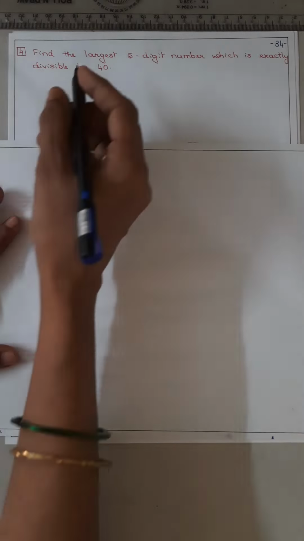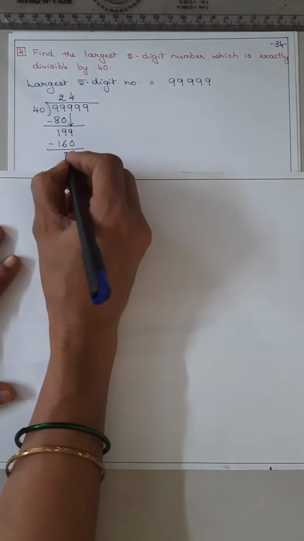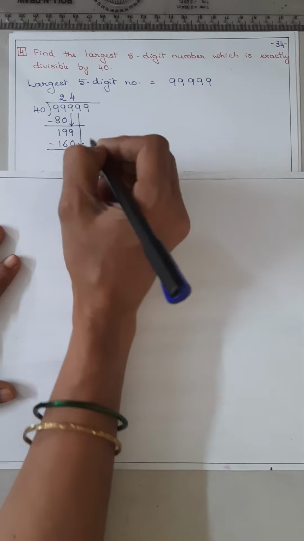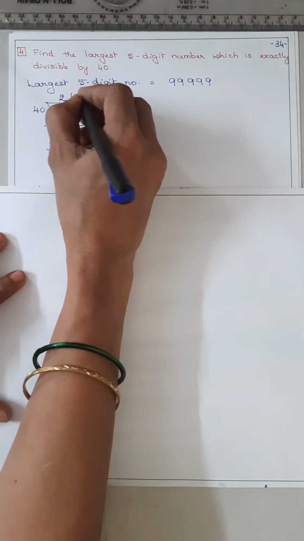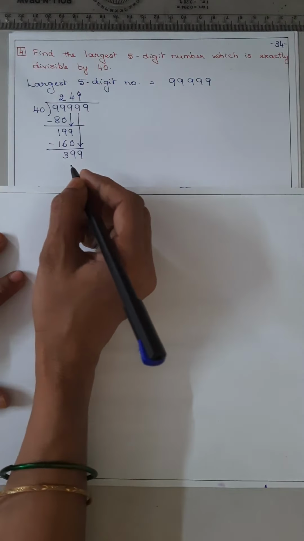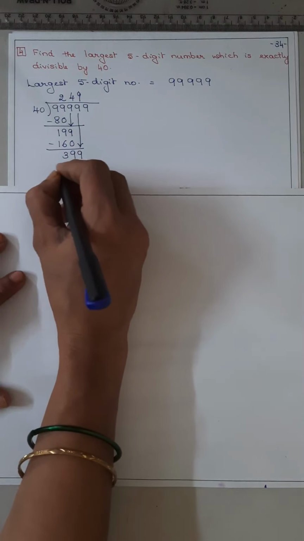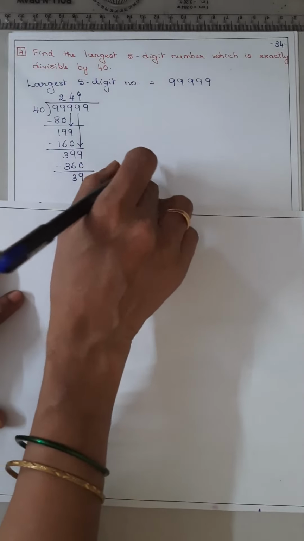Write it above the digit you took. 4 zeros are 0, 4 fours are 16, 9 minus 6, 3. Now bring this 9 down. 4 9s are 36, so you can put 9. 9 minus 6, 3.